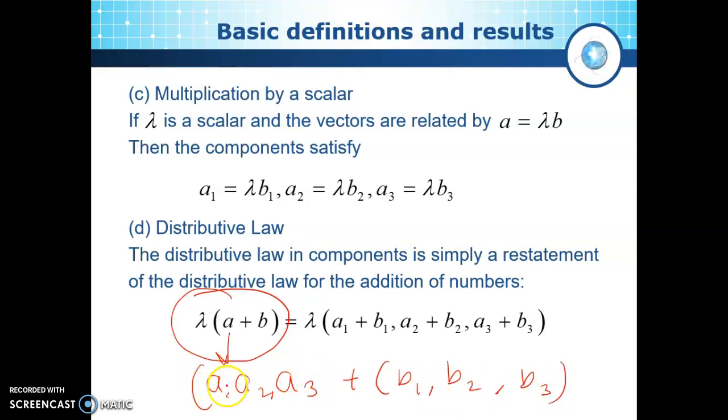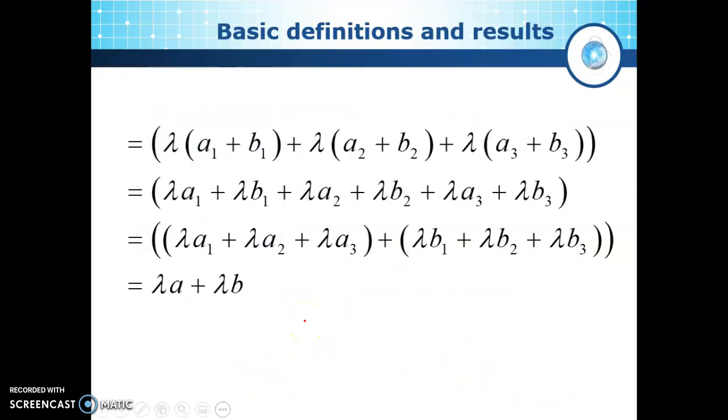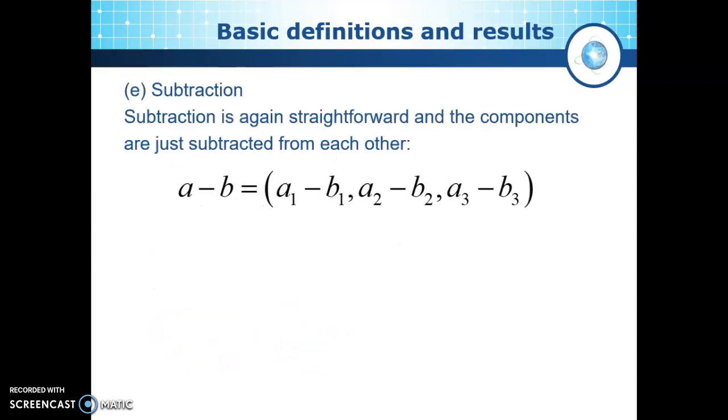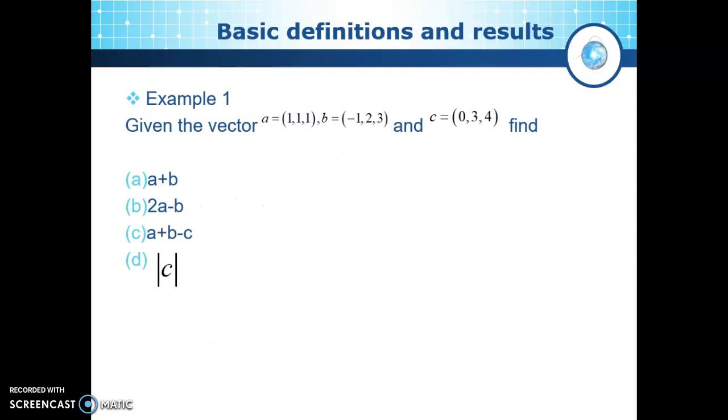So we add A1 plus B1, A2 plus B2, A3 plus B3, then in bracket we put lambda. When you expand the equation, you can get this, and then you can summarize it back to this one. So lambda times A plus B, the same. Subtraction is also the same as before.